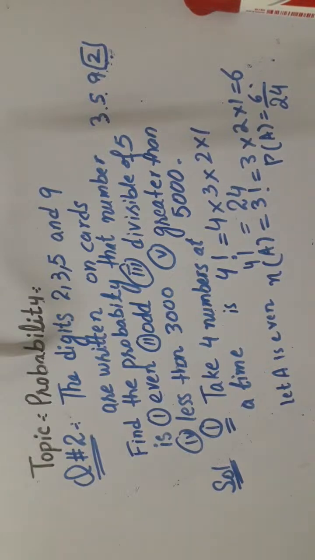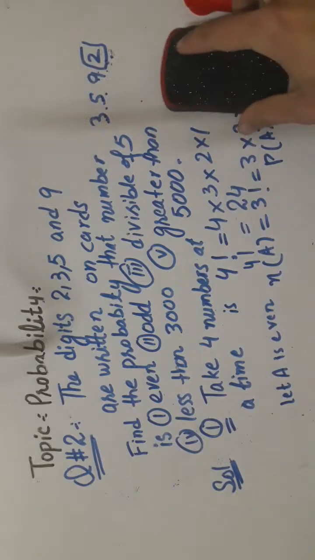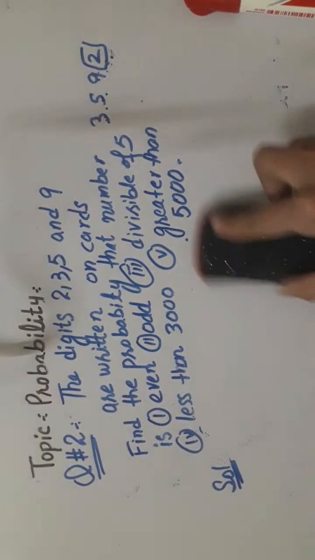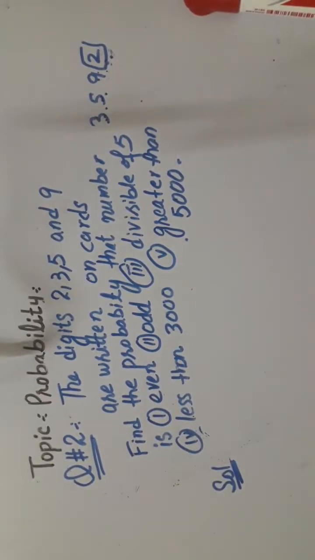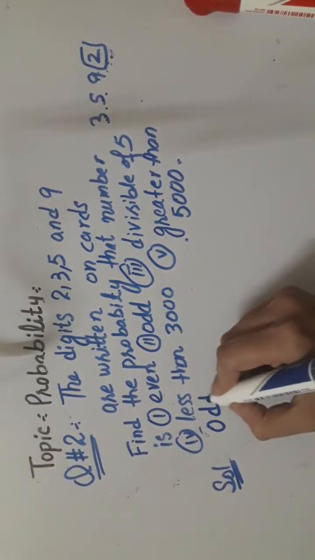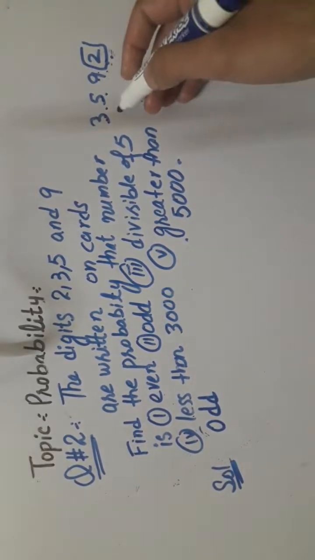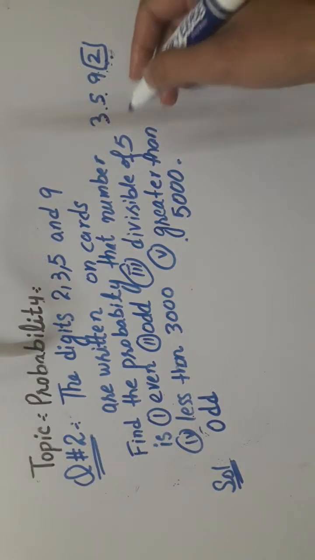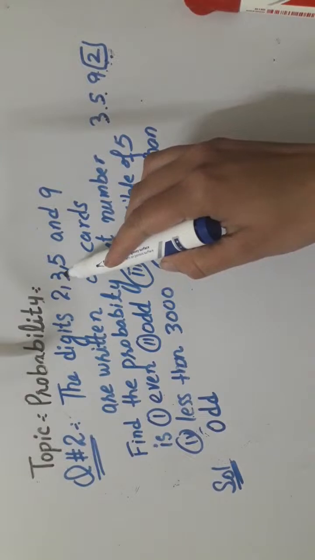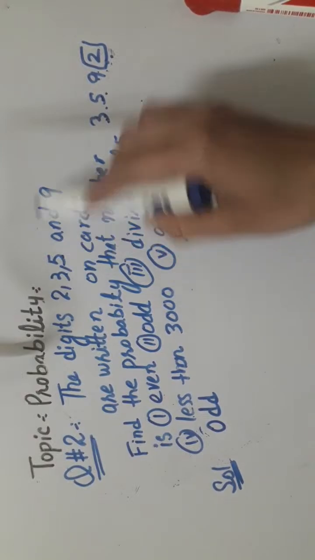Now we will solve the second part. In the second, you have to find the probability of odd. Odd means, how will you get an odd number? When your last digit is 3, 5 or 9.